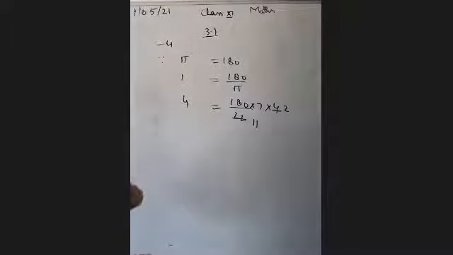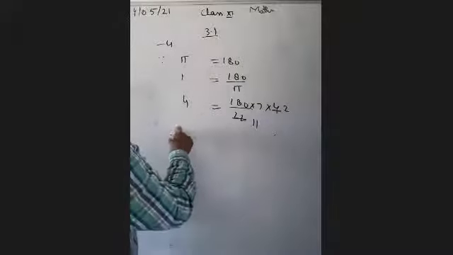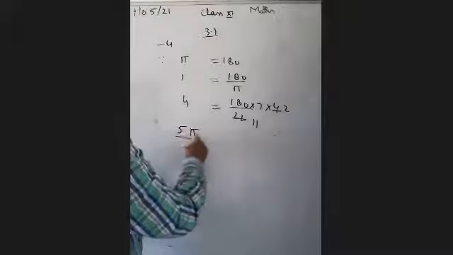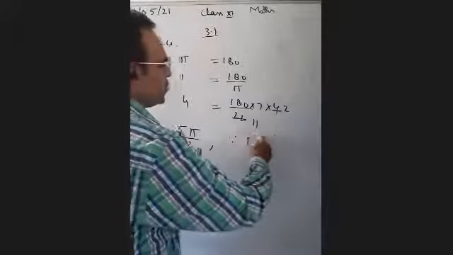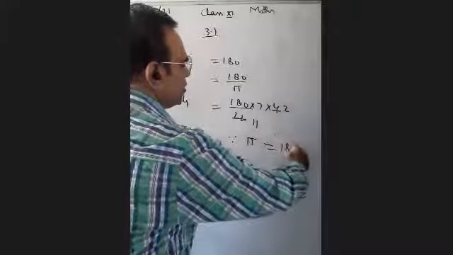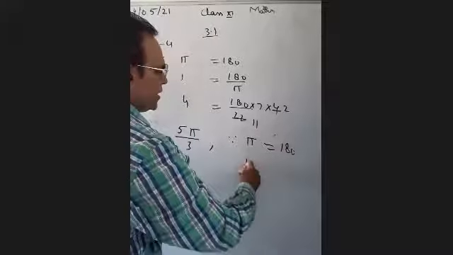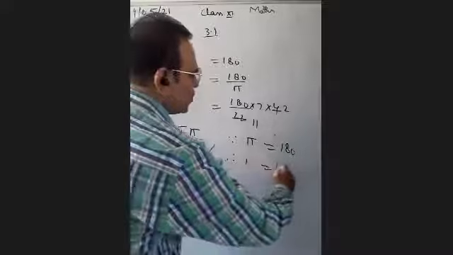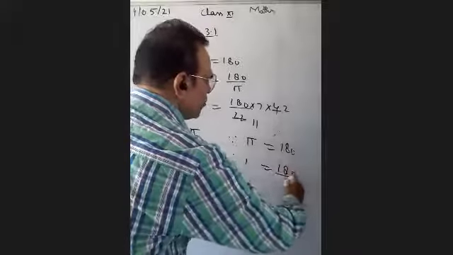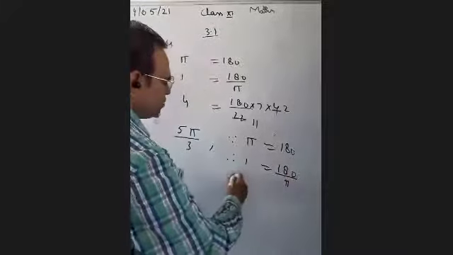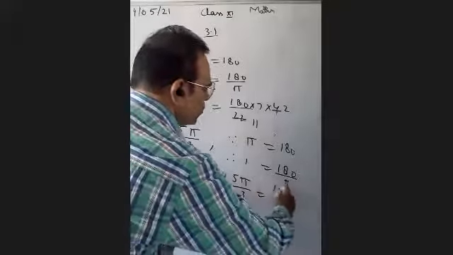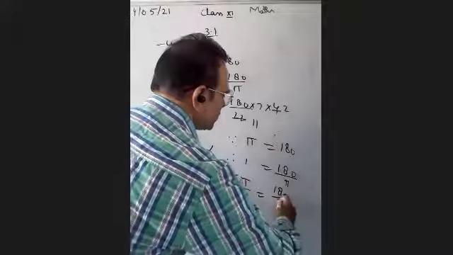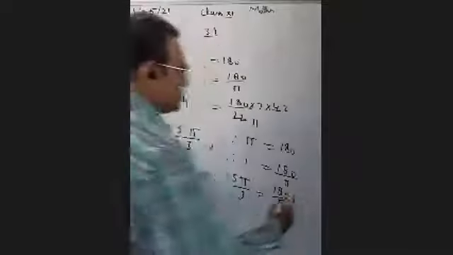Same way. In the third part, 5 pi by 3. If we have 5 pi by 3, it is simple. We know that pi radian is equal to 180 degree. So 1 radian equal to 180 upon pi, and 5 pi upon 3 equal to 180 upon pi into 5 pi by 3.